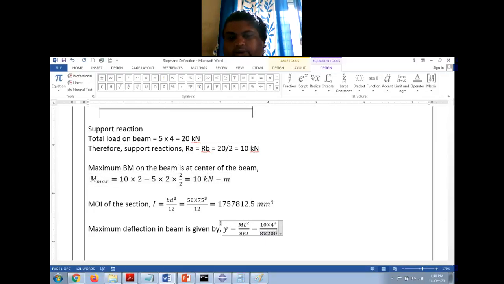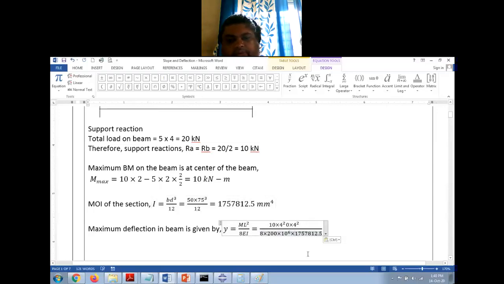So it will be 200 into 10 raised to 6 kilopascal. Why I'm doing kilopascal? Because this is in kilonewton meter. Again into, what do I have here? I value is this.